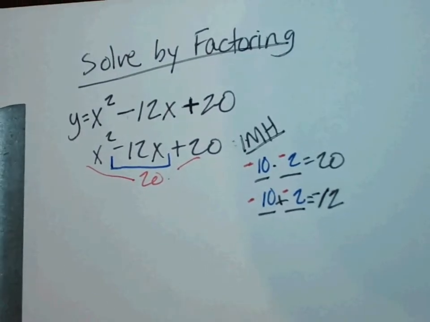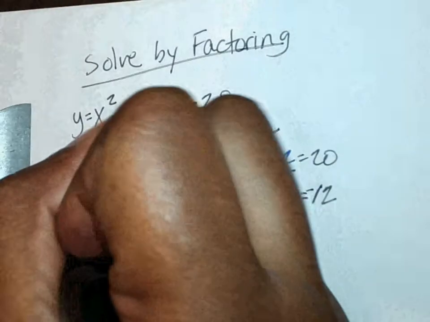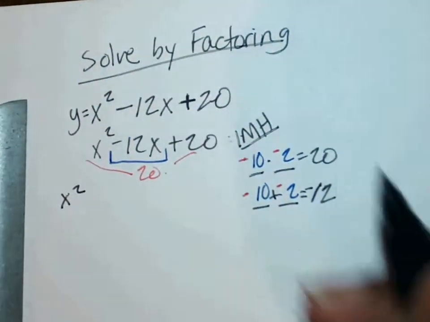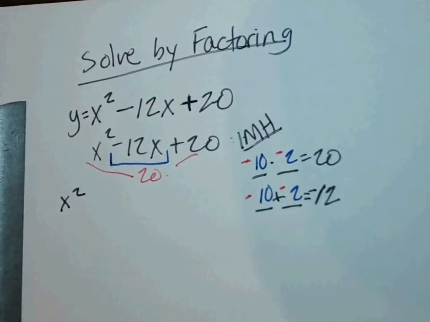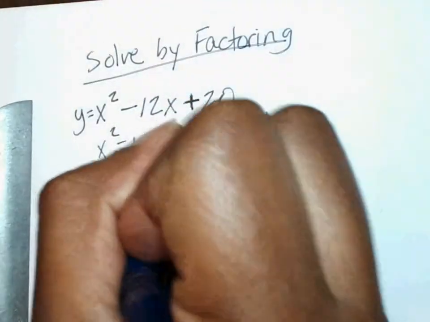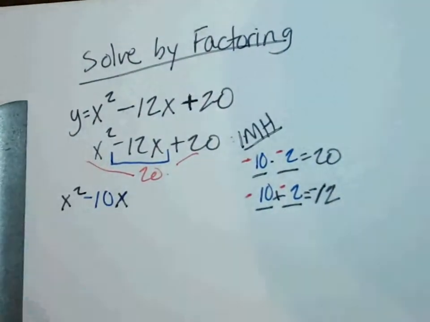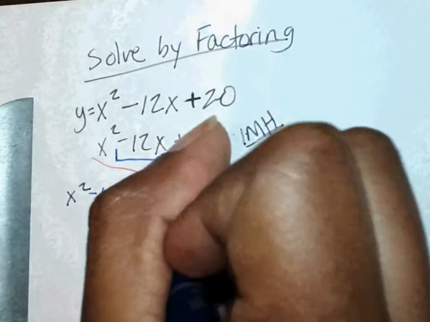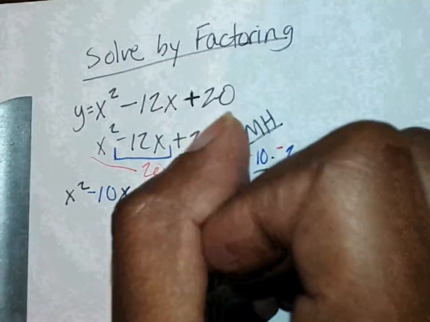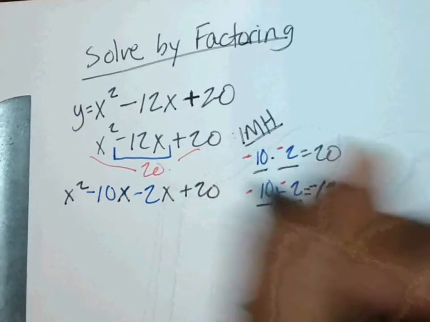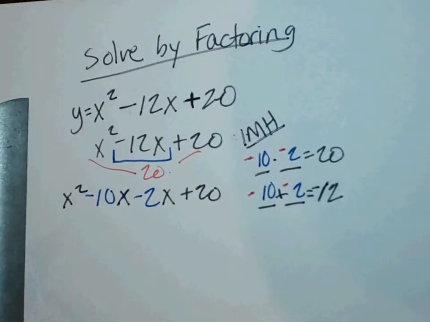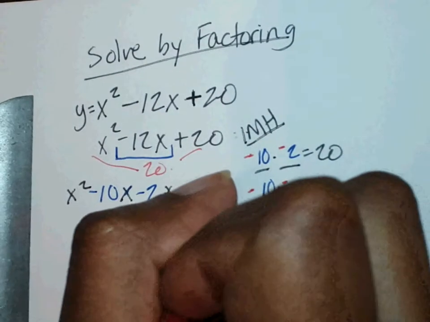So, here we go. I still have my x squared. But now, instead of negative 12x, I have negative 10x. And I have negative 2x. And I still have my positive 20 in the back. I'm going to group the first two, group the last two.